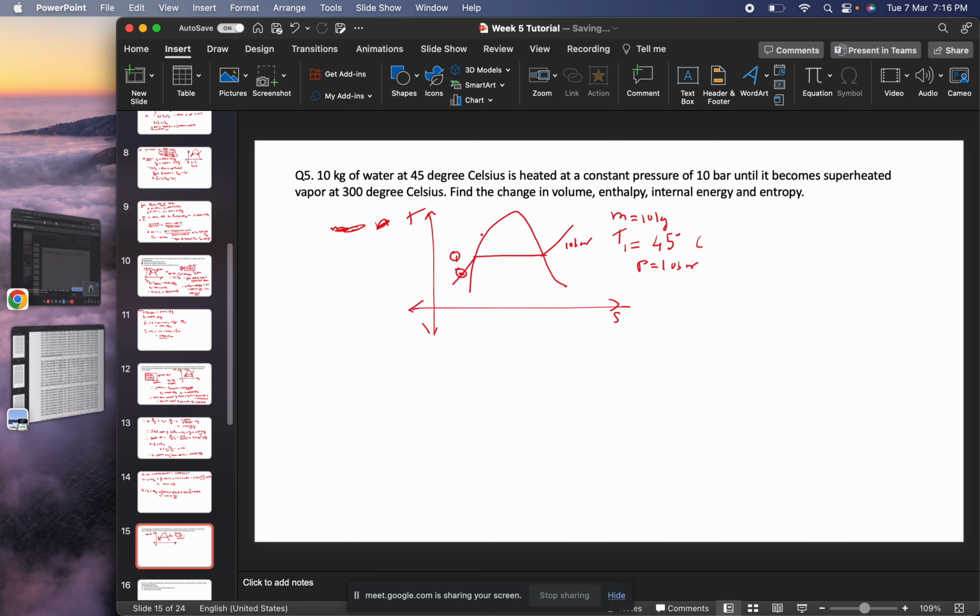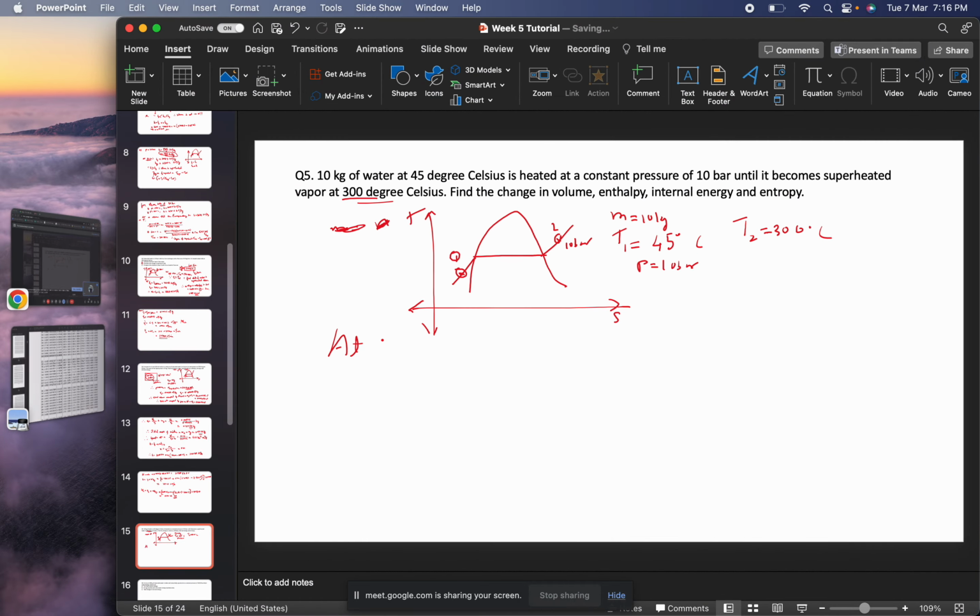And it is directly telling us that until it becomes superheated, that means it will directly go to this region, that means my state 2 is your 300 degrees Celsius. So what we need to find out, we need to find the change in volume, the change in enthalpy and the change in entropy. So you just have to go to the third chart of the steam table, because it is both in the compressed state and in the superheated state, and you need to check for 10 bar at 45 degrees Celsius and 300 degrees Celsius, okay.